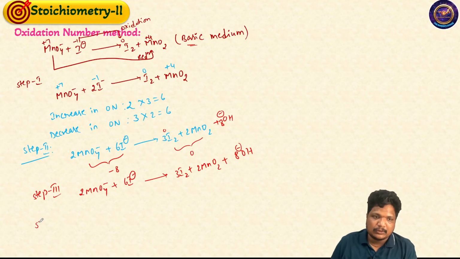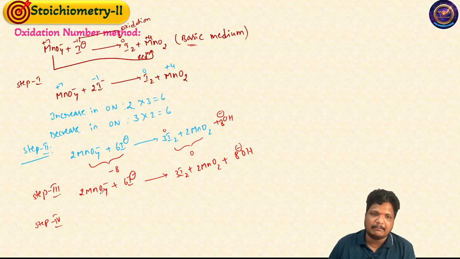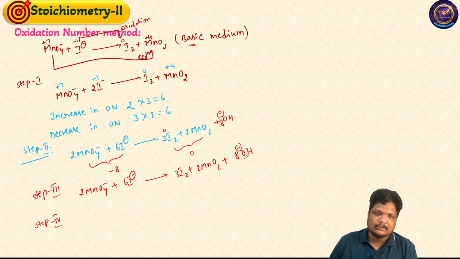So here step 4 is the final step. If you observe the number of oxygen atoms on the left side and right side, here we have 2 into 2, 4, and here 8, so 4 plus 8, 12 oxygen atoms on the left, and here we have 8 oxygen atoms.